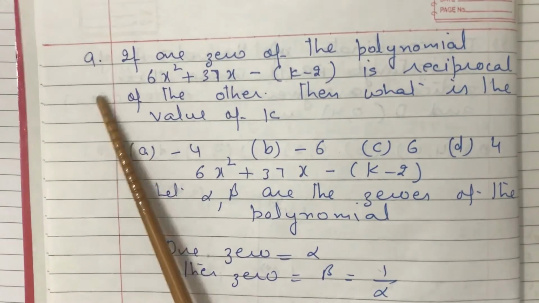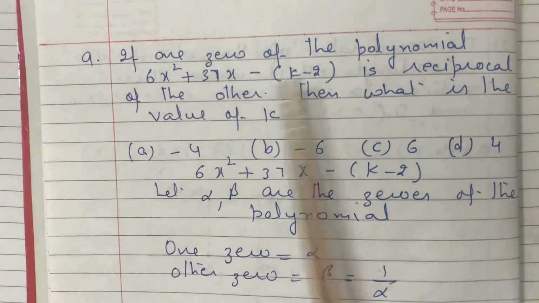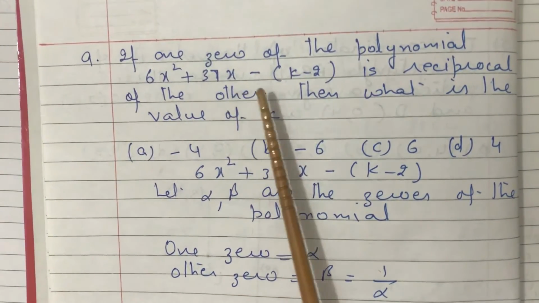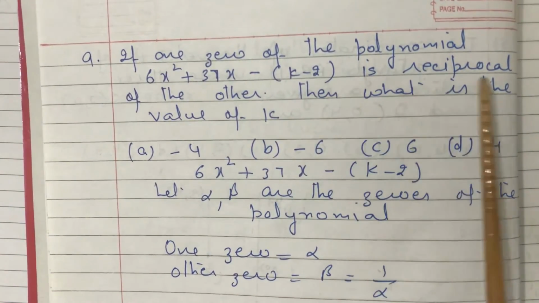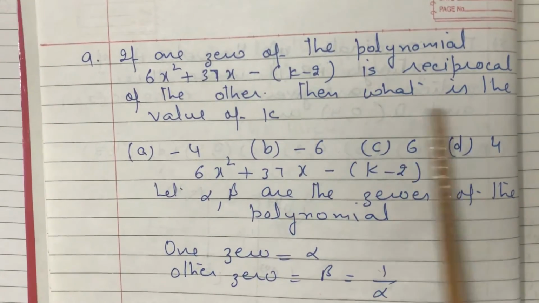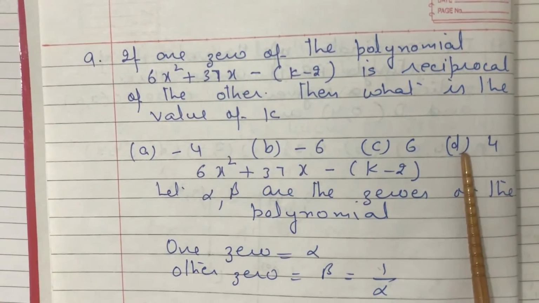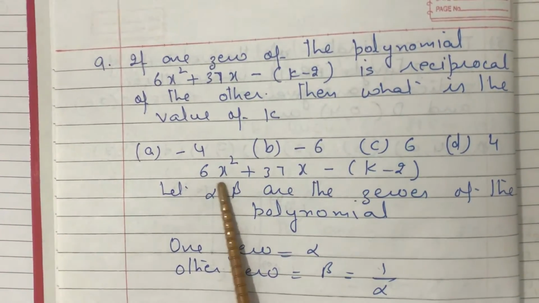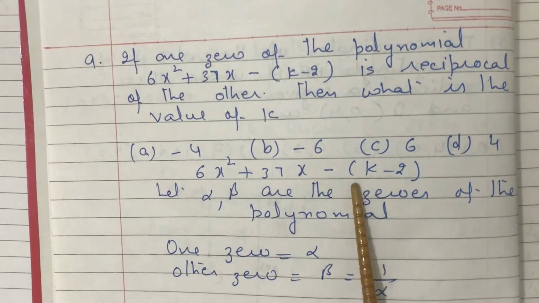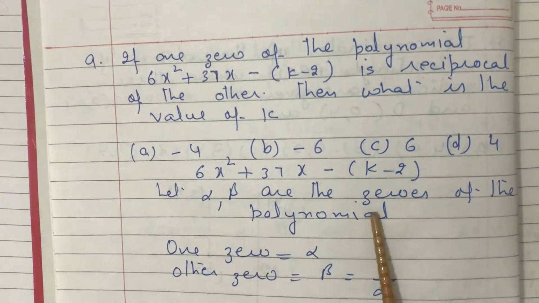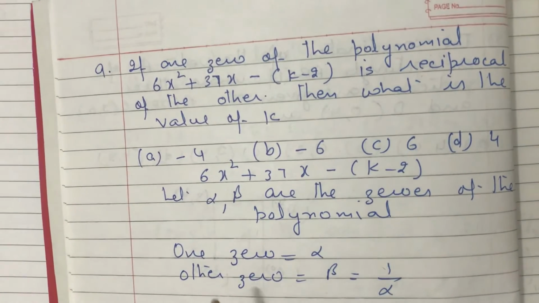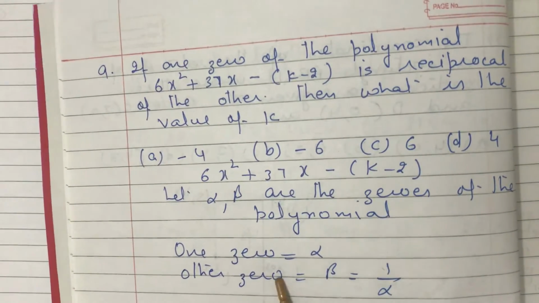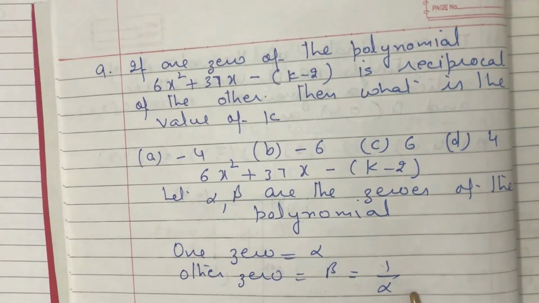Now the ninth question is, if one zero of the polynomial 6x square plus 37x minus k minus 2 is the reciprocal of the other, then what is the value of k? There are 4 options. Our polynomial is 6x square plus 37x minus k minus 2. Let alpha and beta be the zeros of the polynomial. If one zero is alpha, the other is the reciprocal, 1 by alpha.